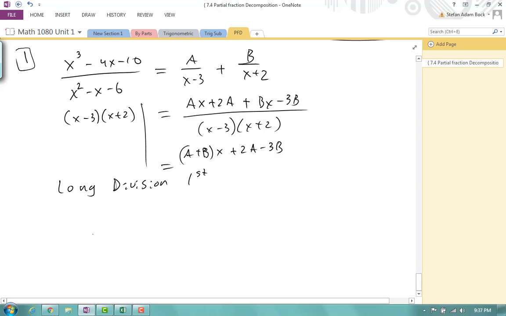I have to take my x cubed plus 0x squared minus 4x minus 10 and divide it by x squared minus x minus 6.